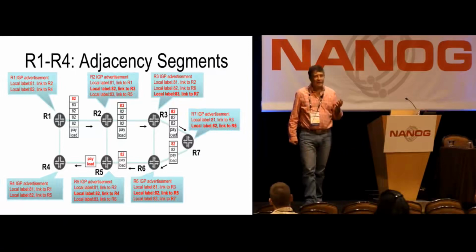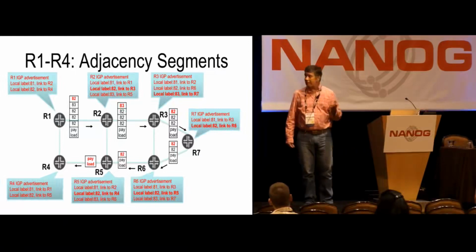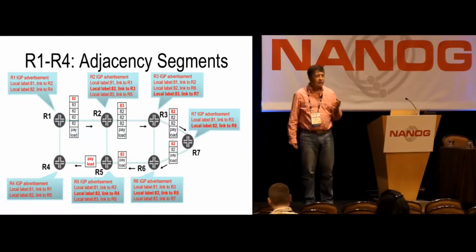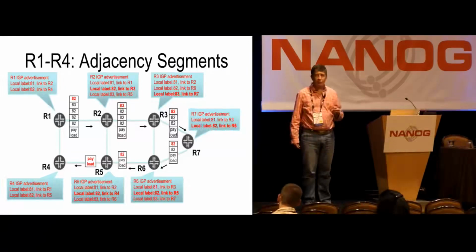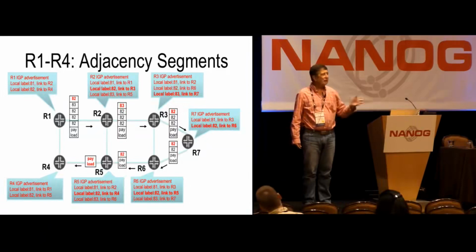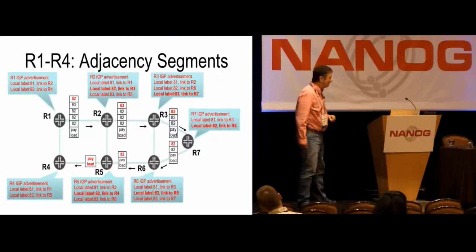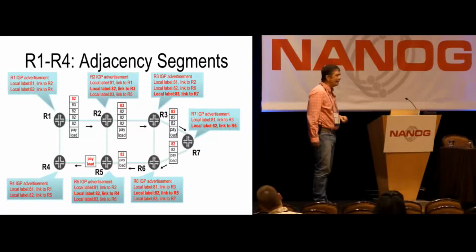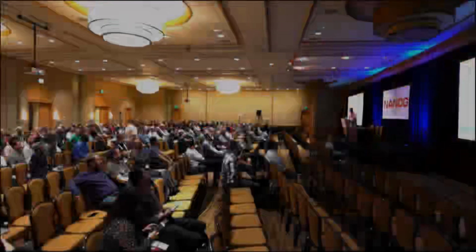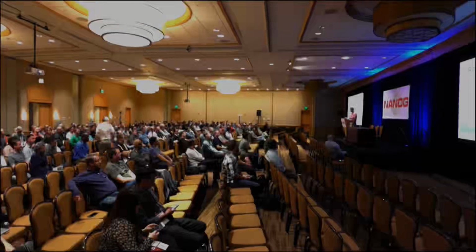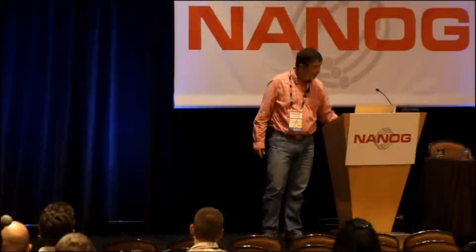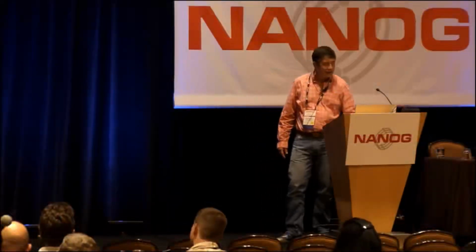Does everybody get the idea here? In this case, how much state is maintained in the network? It's a question for the audience. Where is all the state? The single router puts the state in the packet. The state is actually the state that you need to get the packet from R1 to R7.